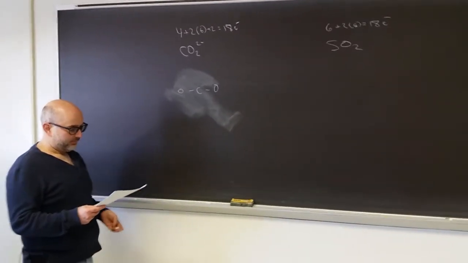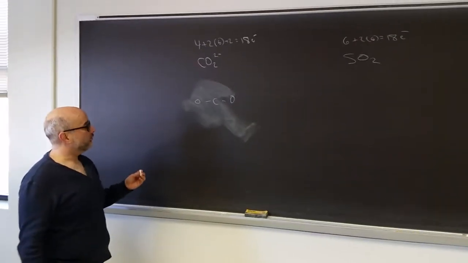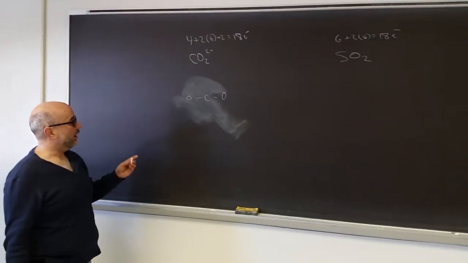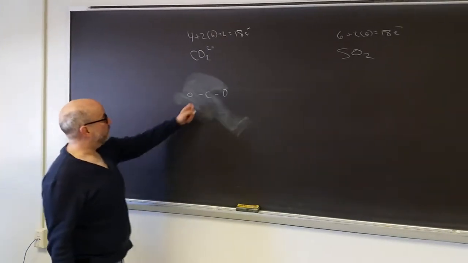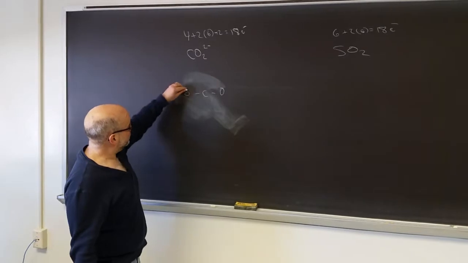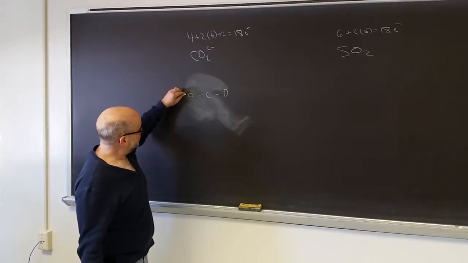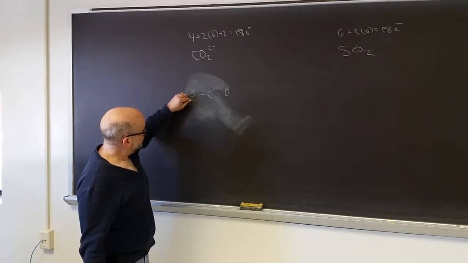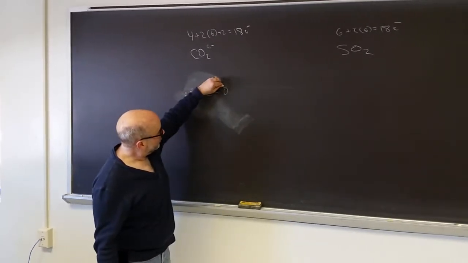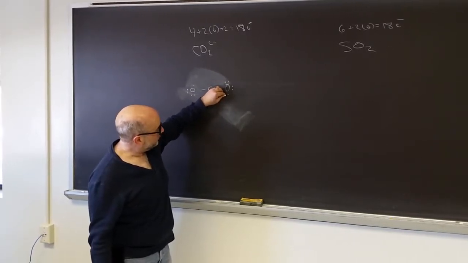Step 4, put 3 non-bonding pairs of electrons around the outside atoms first. So these single bonds already represent 4 of the 18 electrons. So here you would have 5, 6, 7, 8, 9, 10, 11, 12, 13, 14, 15, 16.